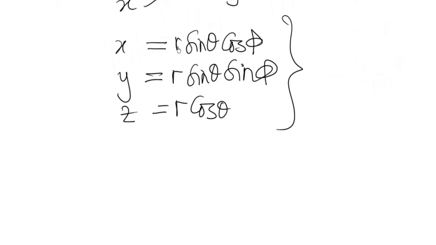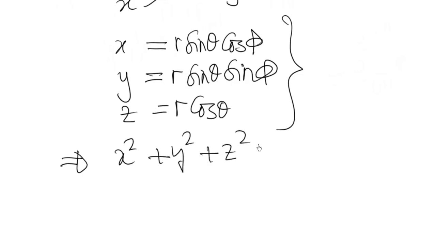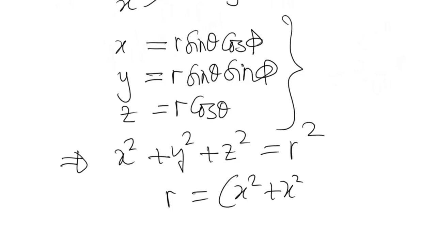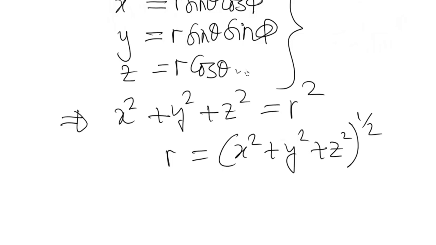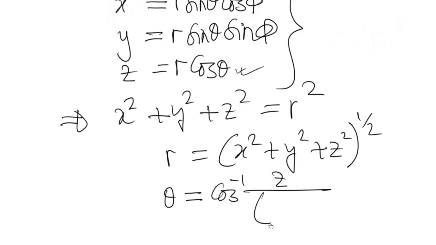If we square x, y, z and add, then we see that x square plus y square plus z square equals r square. So r is equal to the square root of x square plus y square plus z square. And from this relation, theta is equal to cos inverse z divided by r.